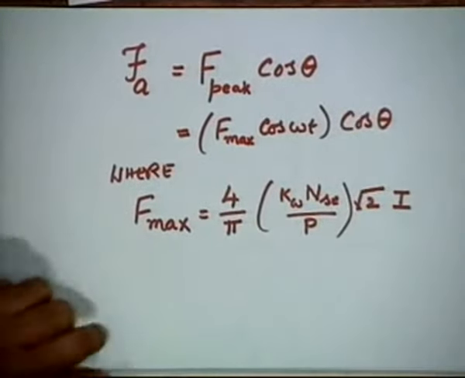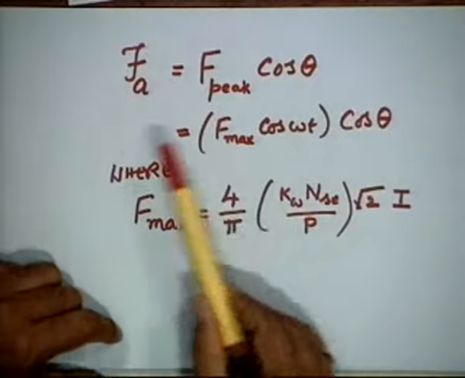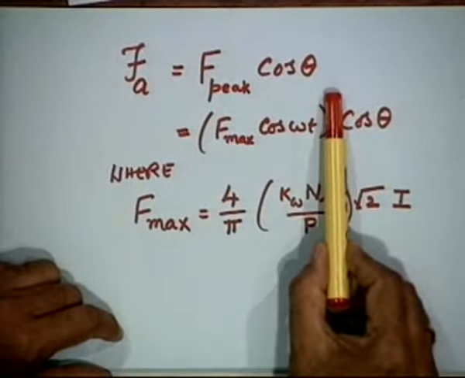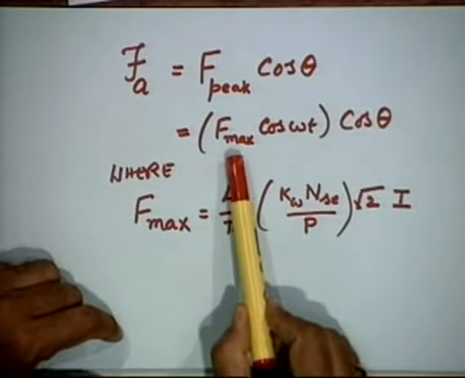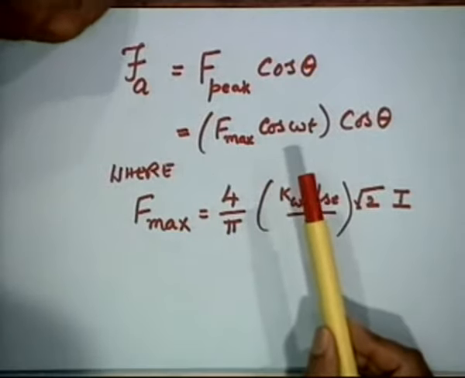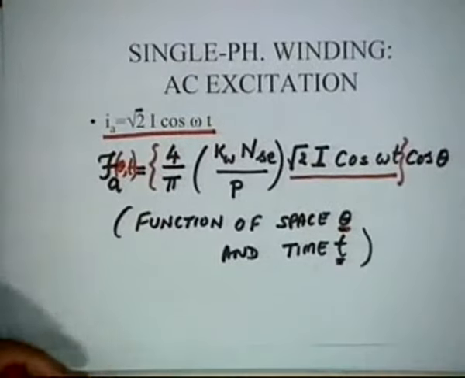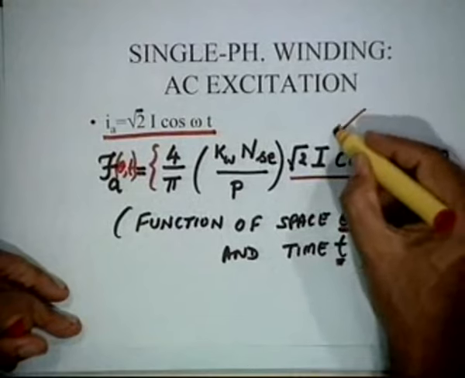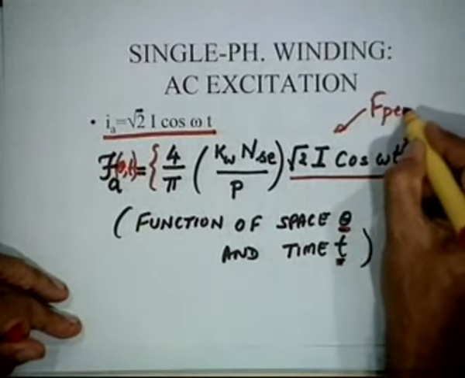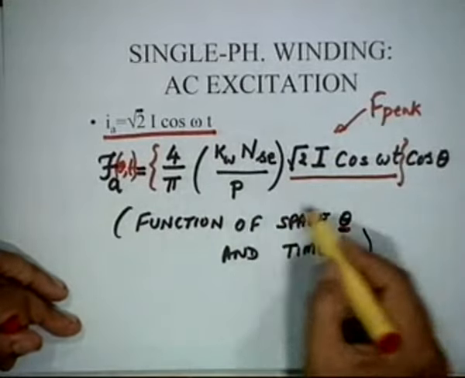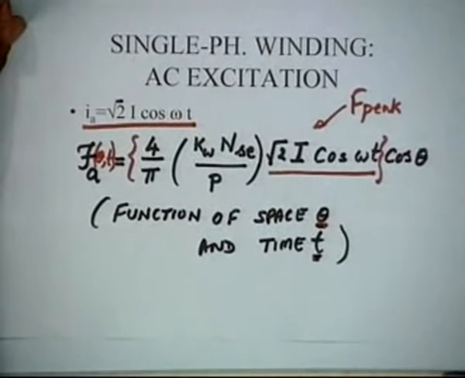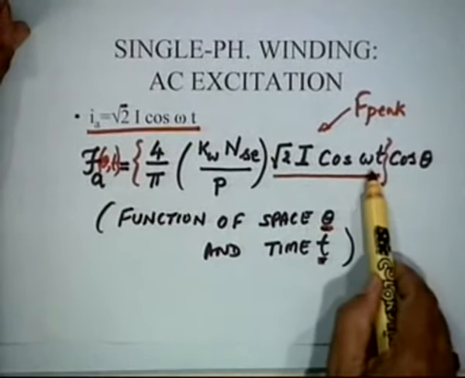So, we can write the same function as a peak value, f peak into cos theta, where f peak is f max cos omega t. So, we consider this whole thing as f peak, that is centered along the axis, the peak value, but which is a function of t.